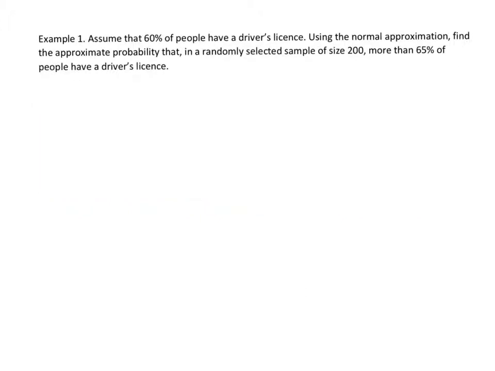So here we have a question involving an assumed probability, a use of a normal approximation, a sample size, and a proportion that we're looking for. So let's label it in terms of what we are told. We are told that 60% of people have a driver's license, and that's an assumed thing for the population. So our assumed proportion for the population is 0.6.